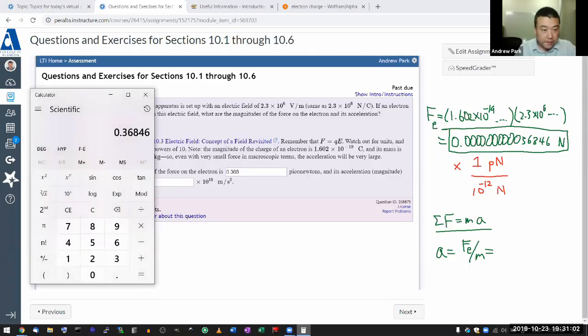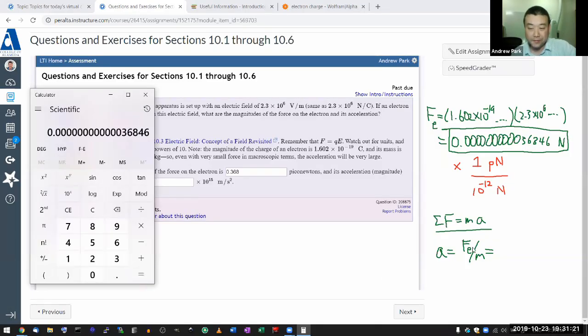I think I already have the force, well, in units of piconewtons. So let me put that piconewton thing back, 1E minus 12. Okay, so piconewton is back in. It's back to the newtons.